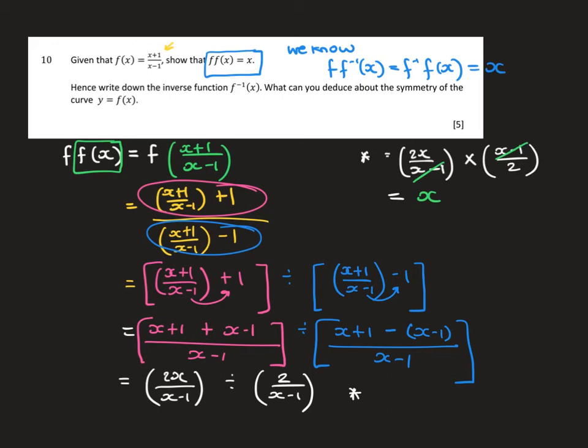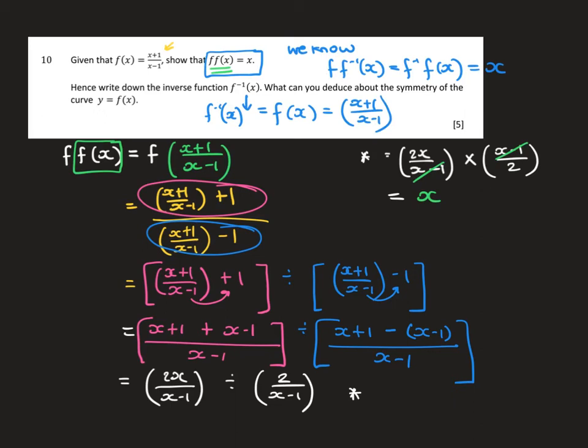So you can either apply the function and then the inverse, or apply the inverse and then the original function. Here, we've applied the function twice and got back to x, which means that f minus 1 of x must just equal f of x. It must just equal x plus 1 over x minus 1.